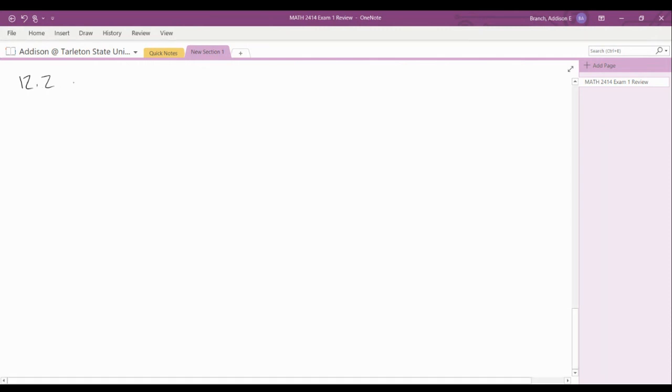So section 12.2 is going to be vectors. So of course we know that vectors can be shown visually, graphically, and algebraically.